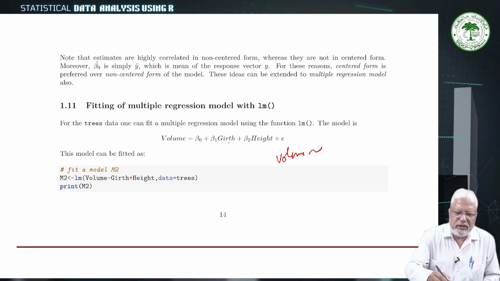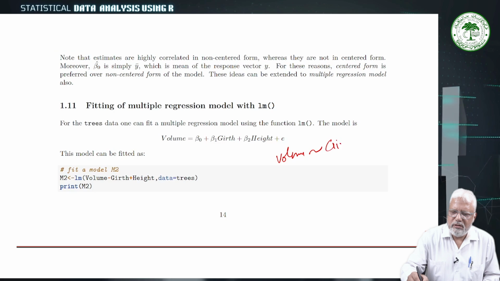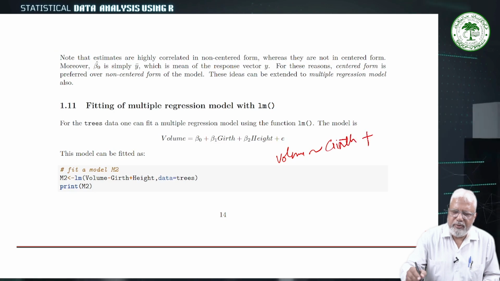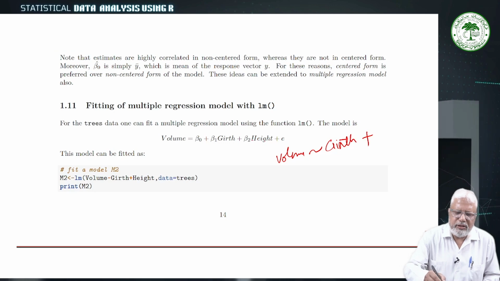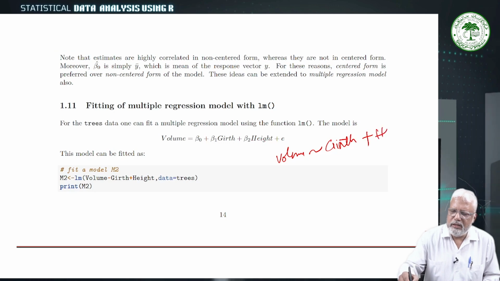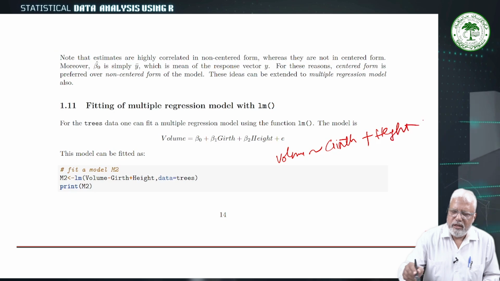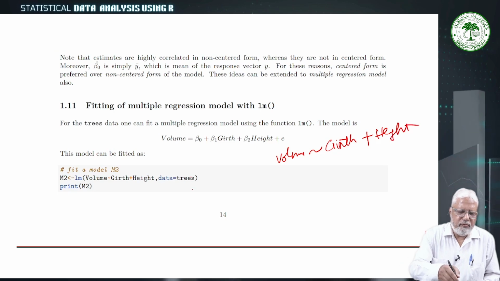So, it is the coefficient of beta 1, that is girth, and plus coefficient of height, that is beta 2. So, this is the formula for this data.